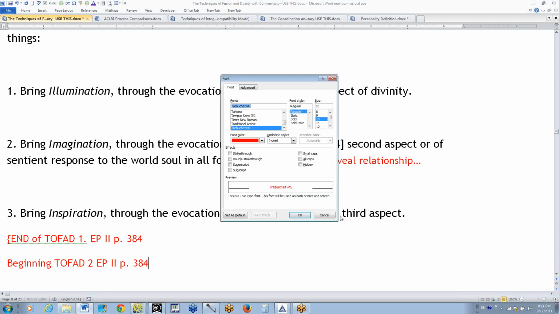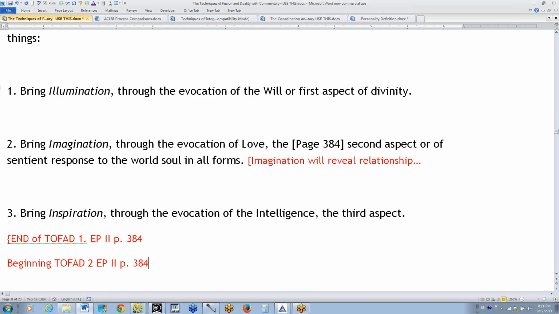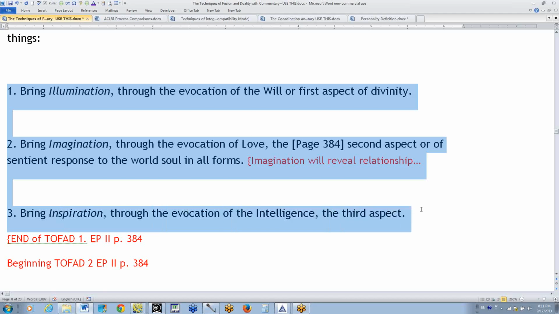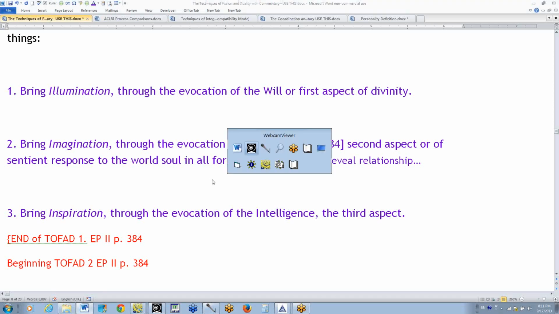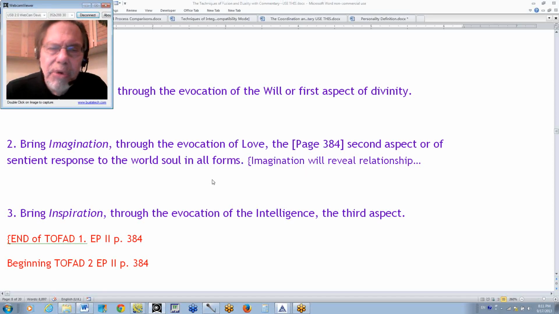When I come back to this, probably what I'll do is go over these a little bit. He's going to explain how illumination is really a second-rate quality, imagination a third-rate quality, inspiration a first-rate quality. And he'll show, therefore, how point number 1 is related to point 2, point 2 to point 3, and point 3 to point 1.